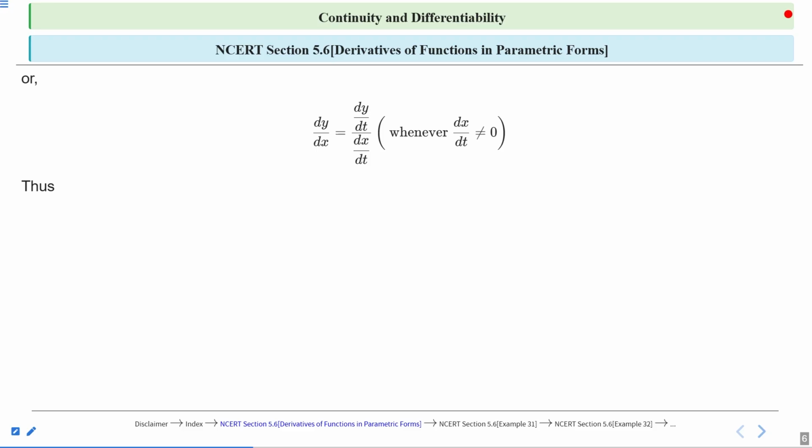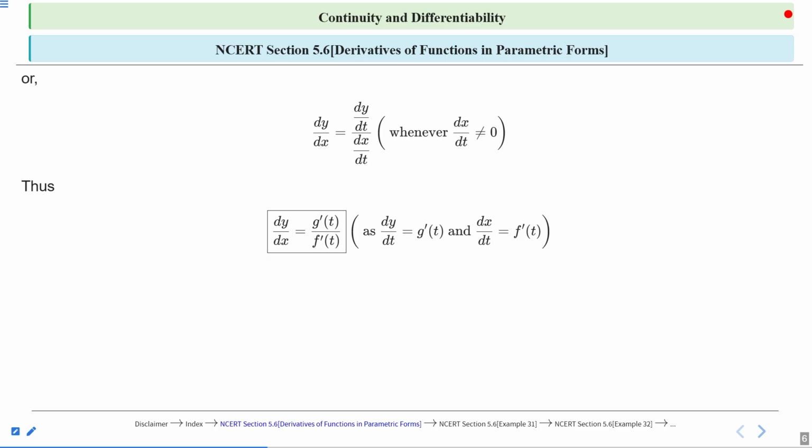Thus, we can say that dy by dx will be equal to g dash t upon f dash t, right? So dy by dx will be equal to dy by dt upon dx by dt whenever dx by dt is not equal to 0.